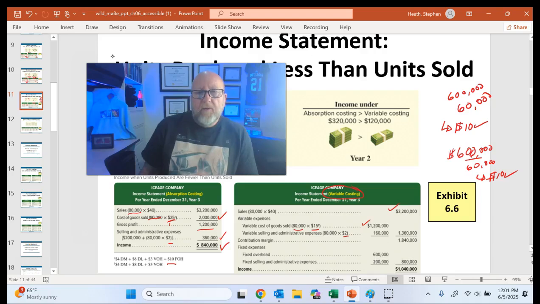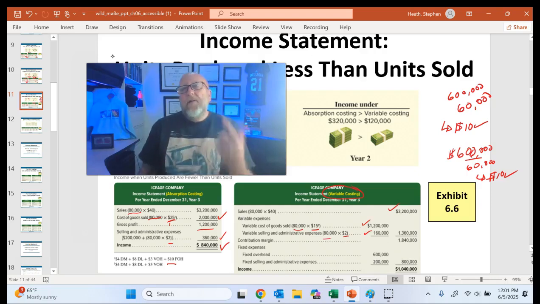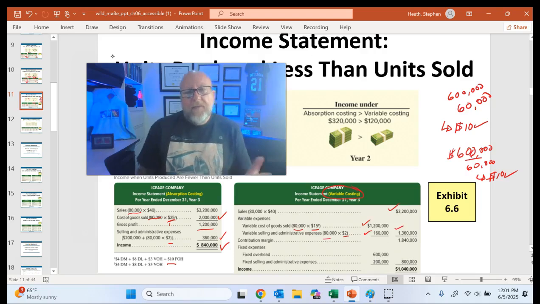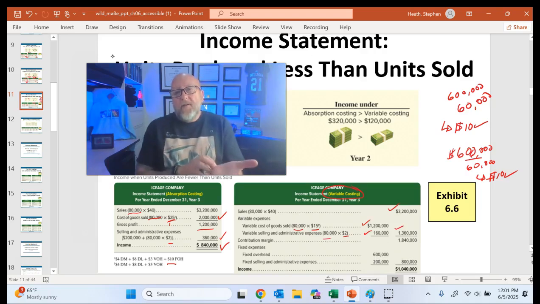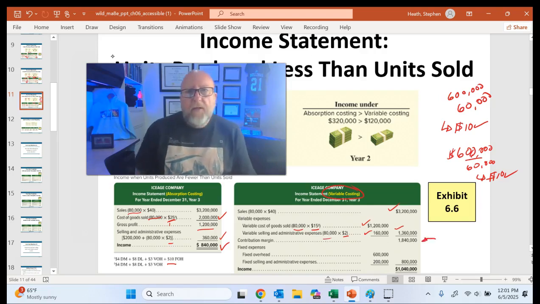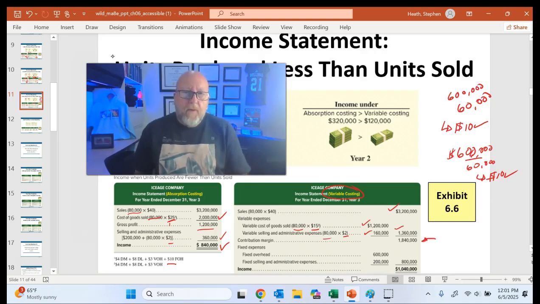We said that was $2 per unit times the 80,000 we sold, for a total of 160,000 for SG&A. So SG&A plus manufacturing gives us 1,360,000 in total variable costs, which leads us to a contribution margin of 1,840,000.